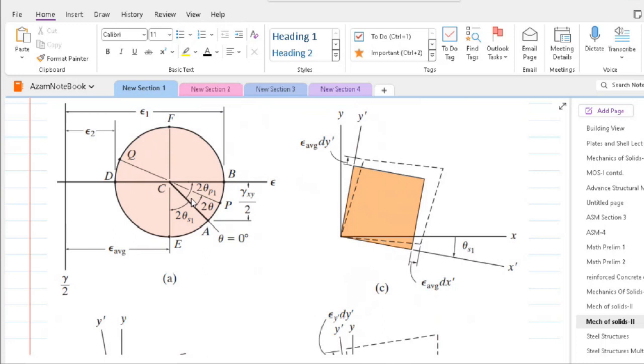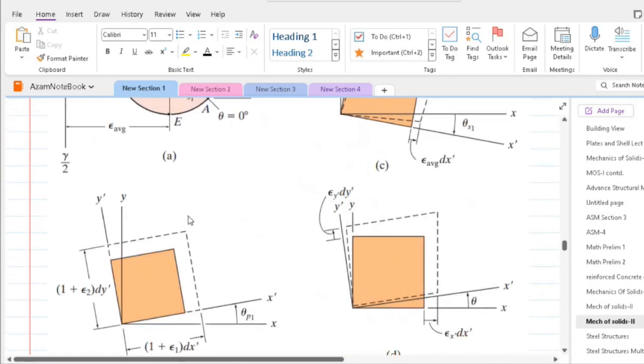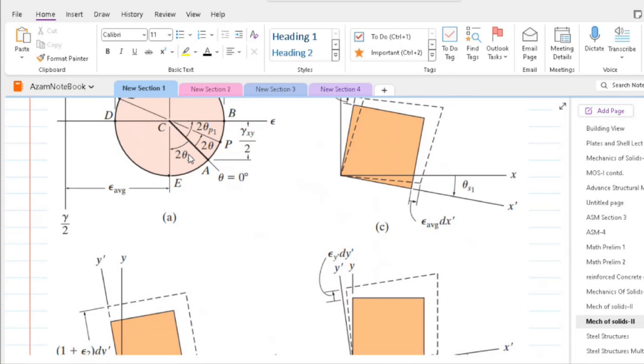So for example, if an axis is actually at a counterclockwise angle theta P1 from the x-axis, then on the Mohr circle, it is laid off at a counterclockwise angle 2 theta P1 from the x-axis.